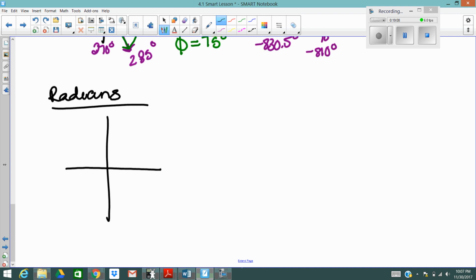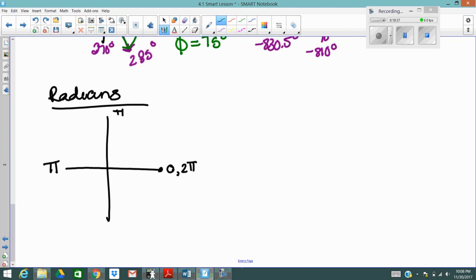So again, I'm at 0 degrees, or 0, sorry, radians. So if I travel, so it's 0 radians, all the way around my circle, I'm back at 2 pi radians, because a complete circle is 2 pi radians. So half my circle, like we talked about yesterday, is pi radians.